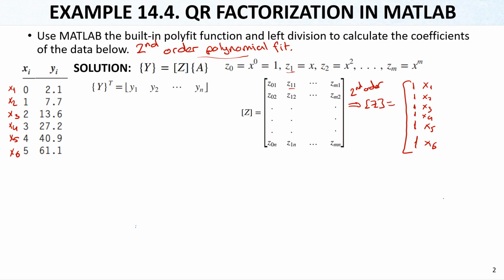Then we need to add this as the third column: x1 square, x2 square, x3 square, x4 square, x5 square and x6 square.